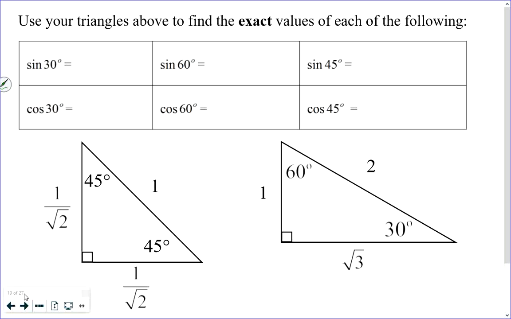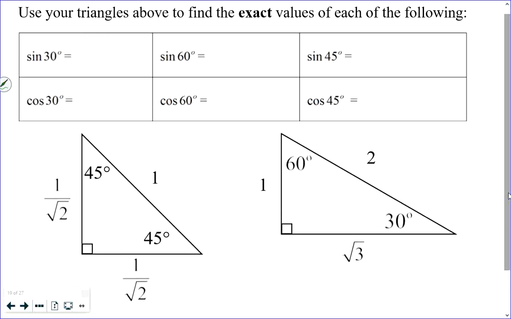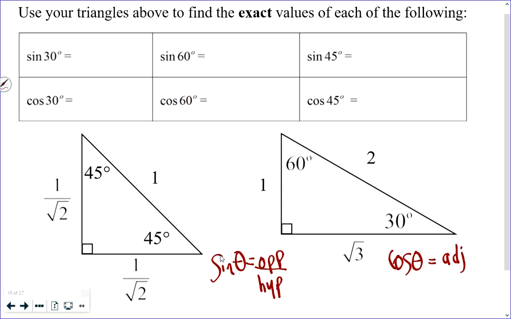I will remind everybody that sine of an angle is opposite over hypotenuse from grade 10, and cosine of an angle is adjacent over hypotenuse. Remember last year you were given those on your formula sheet? You're not given them this year. Okay, you have to know them.